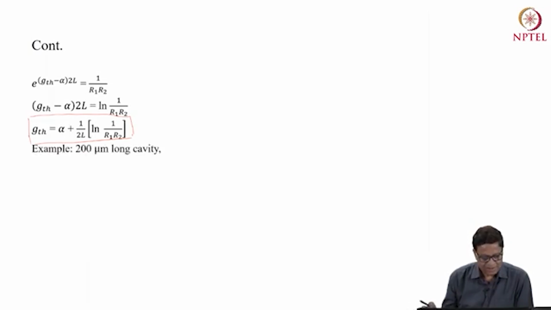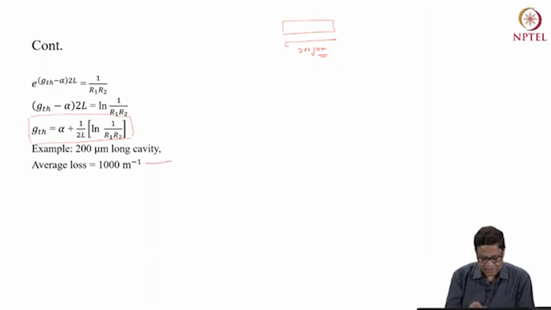So let us try to find out some typical value of g_th. Suppose I have a laser cavity and the length is say 200 micrometers, and the average loss, that is α, is given by 1000 meter inverse.